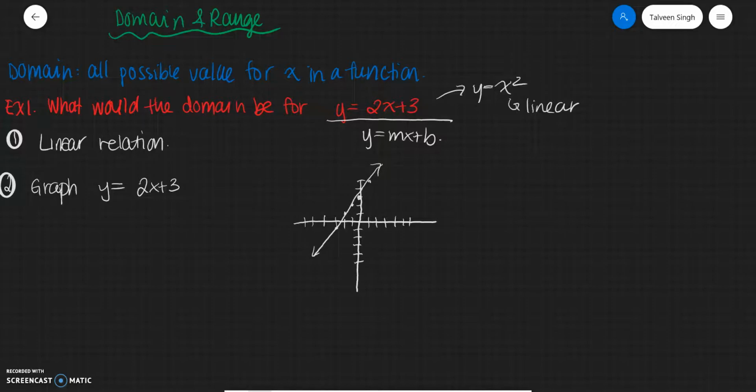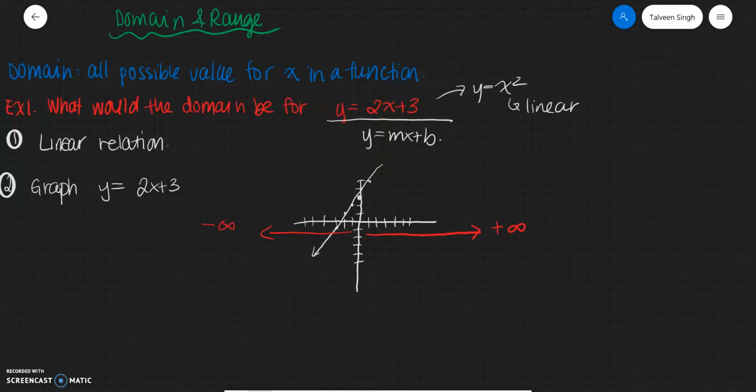Now what you're going to do is you're going to look at your function. When you're determining the domain, you want to see all the x values, so that's going to be to positive infinity, and this is going to be to negative infinity.